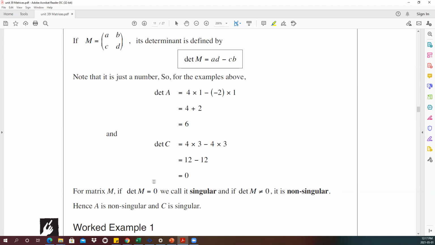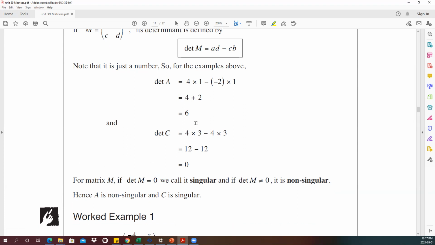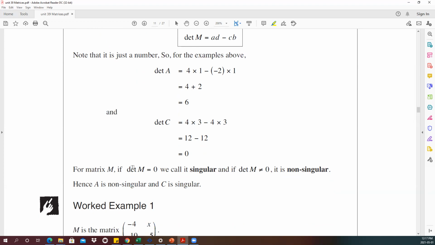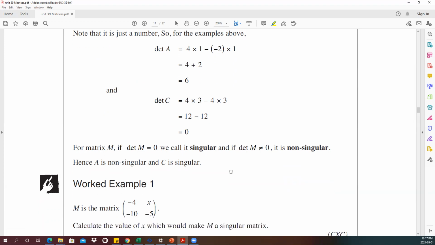They just tell you this, but it plays a very important role when you find the inverse. It's building up to eventually show you why that is important. So remember, when the determinant is equal to 0, that is singular, and when the determinant is not equal to 0, that is non-singular.